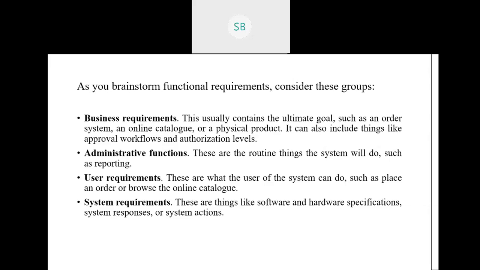The administrative function is who has the authority to change or modify things if any user has made a mistake. Then the user requirements: different users have different permissions, so the permissions that can be given to each user also vary. And last is the system requirements, meaning what software you are going to use, and hardware also.